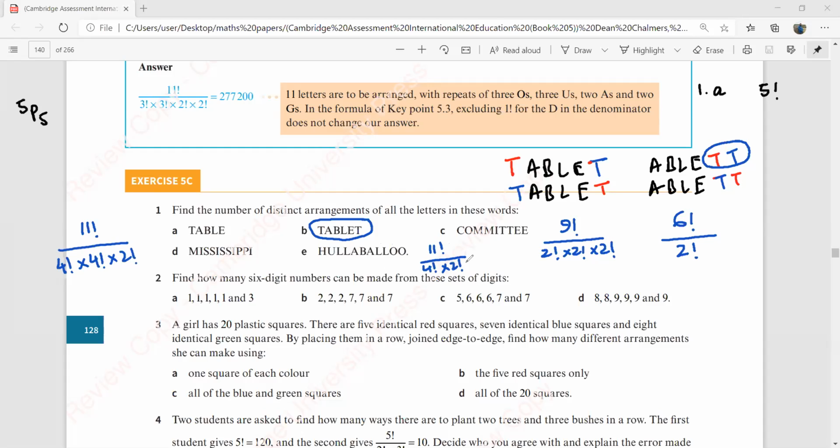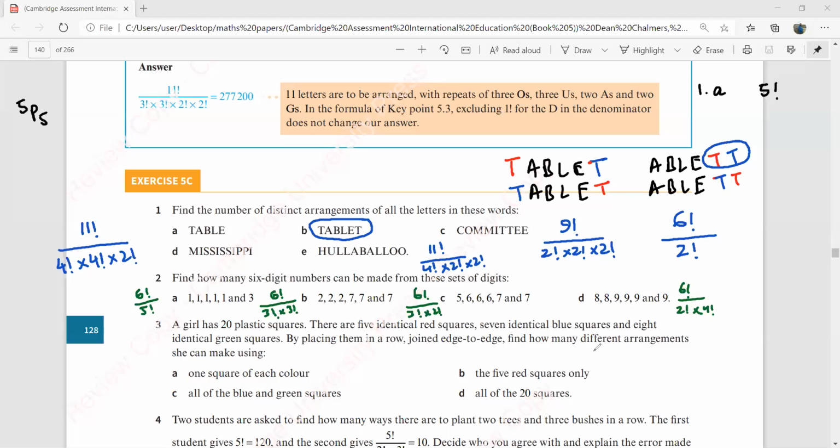And 2 factorial for 2 O's. Very good, beta. So this is 11 factorial over 4 factorial into 2 factorial into 2 factorial. If anyone has again any problem, please get it clear. Okay. Now you can do that second question yourself. Do all parts of the second question and then I'll ask you if you have done that correctly.